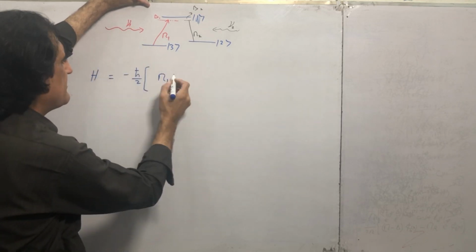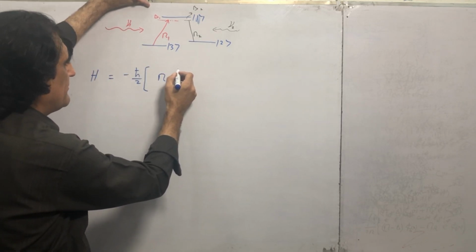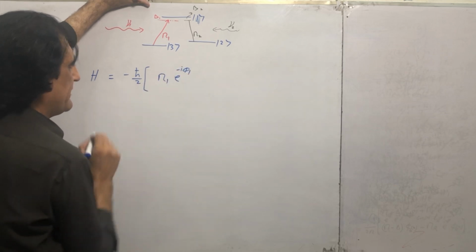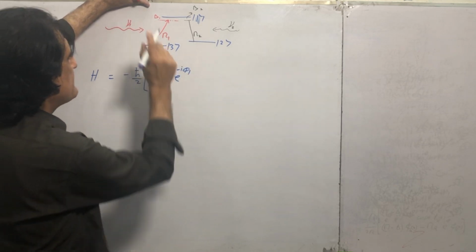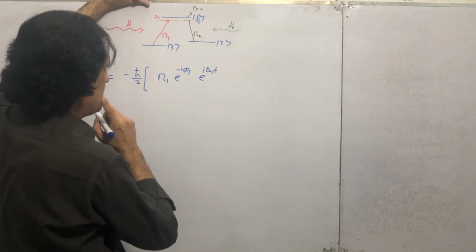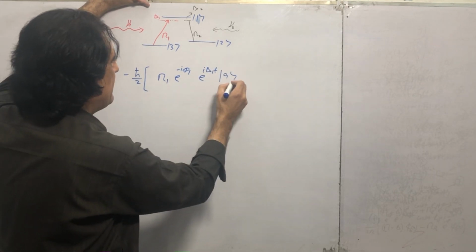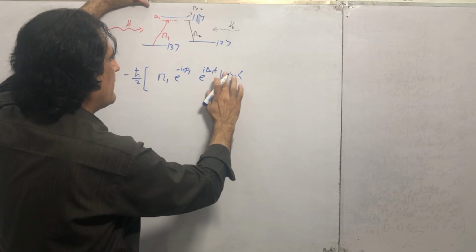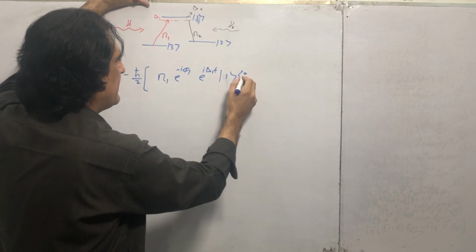And this field has some phase like e^(-iφ1), and it has some detuning, then e^(iΔ1t) and |1><3|.